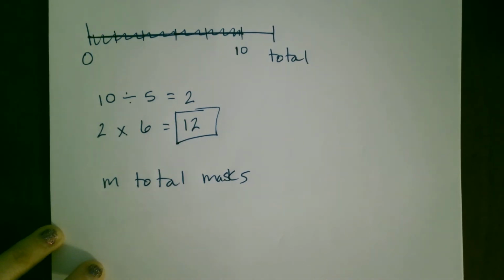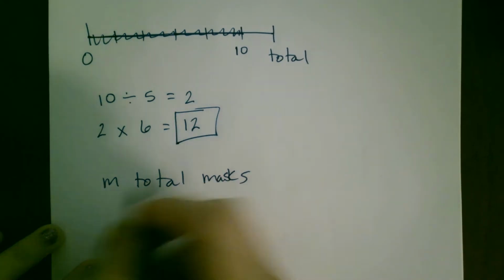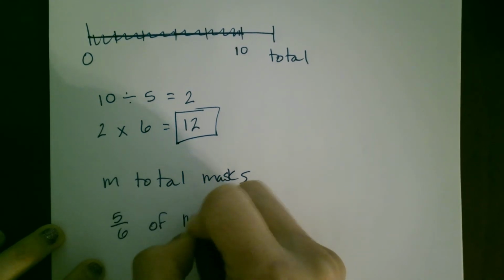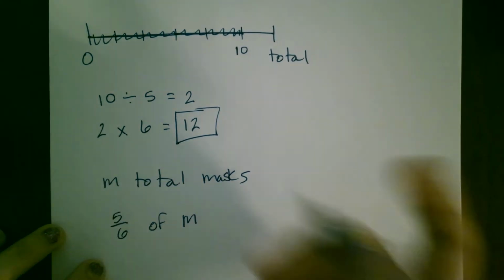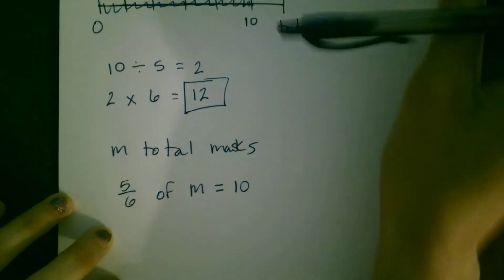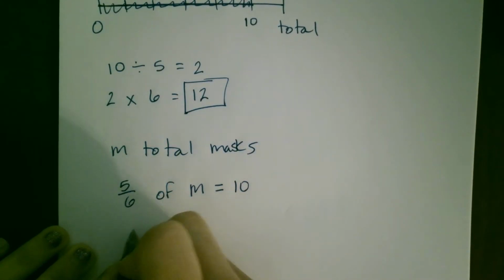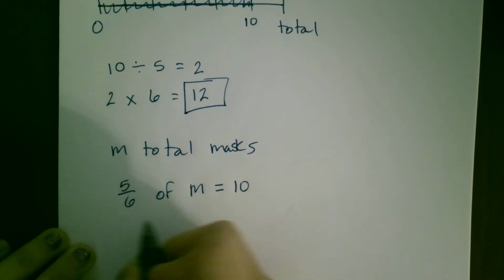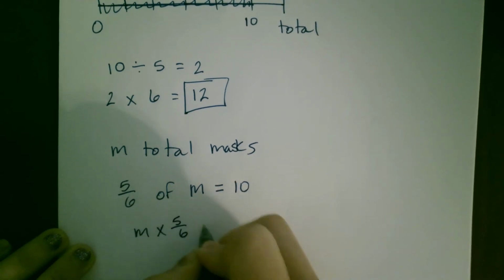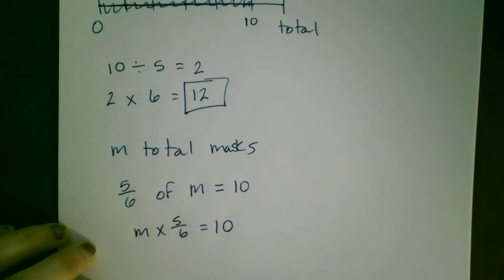We already talked about the concept of "of" meaning multiplication, and "is" usually conveys equality. So I have 5/6 times M. I'm going to write it this way: M times 5/6 is equal to 10.